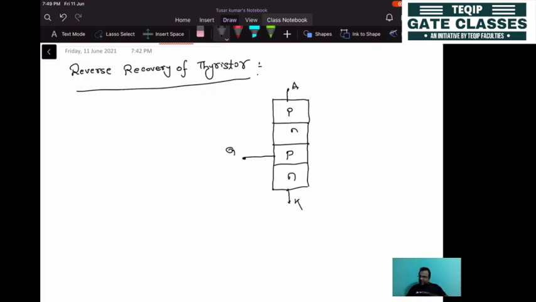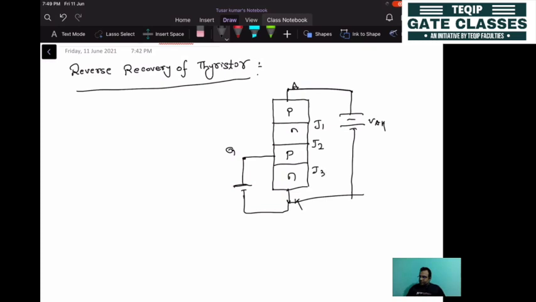Whenever you operate this device, you apply a certain voltage across anode to cathode, that is VAK. Then you apply a certain gate voltage for allowing the gate current to flow, so that it operates by breaking the junction J2, so J1 and J3. So this was the operation.